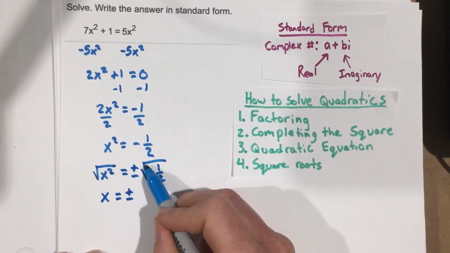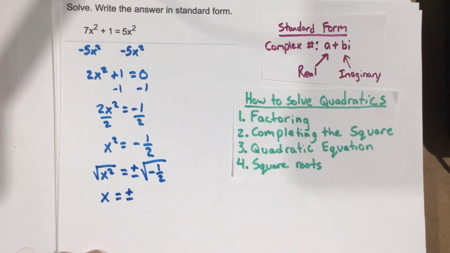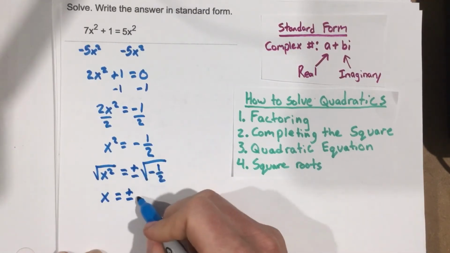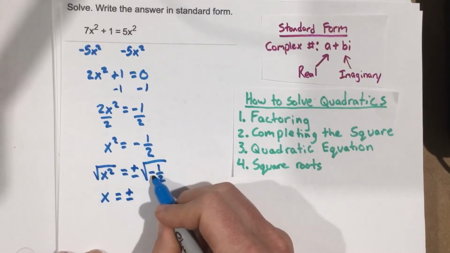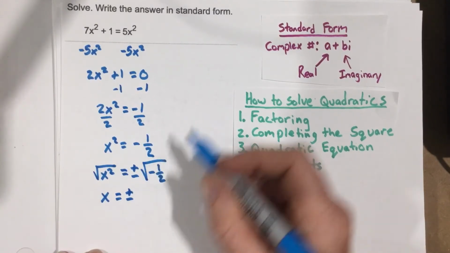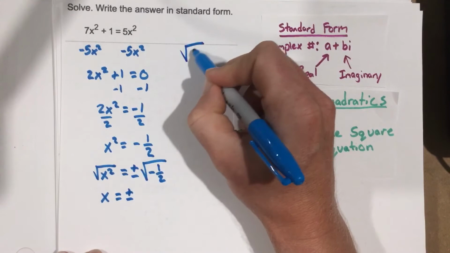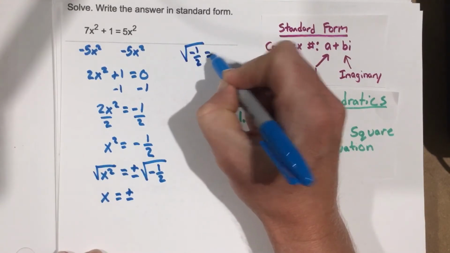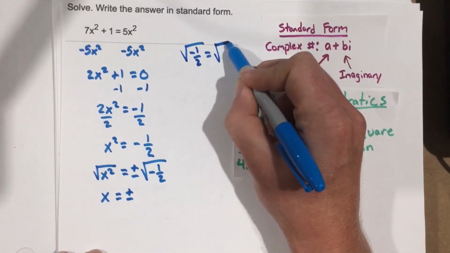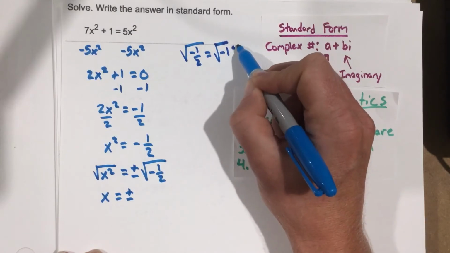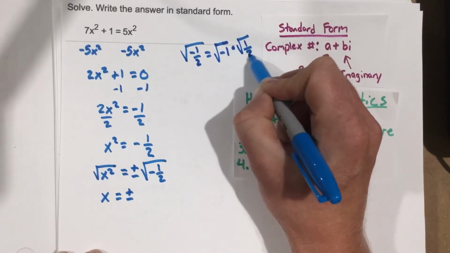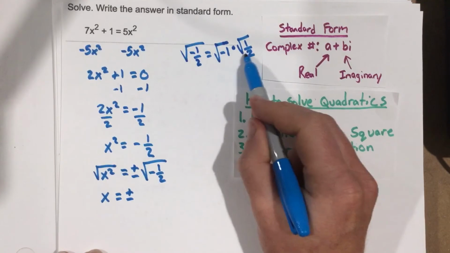Now, whenever you take the root of a negative, this is where the i part comes in. We're going to write this as plus and minus because we're doing the root of, technically in here, this would be, I'll write this up here, root negative 1/2 is equal to root negative 1 times root 1/2. Right? Those are the same things.